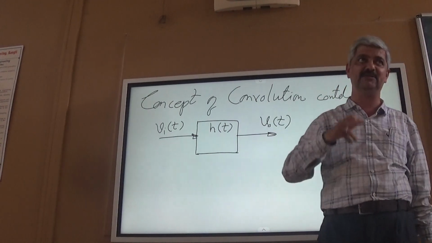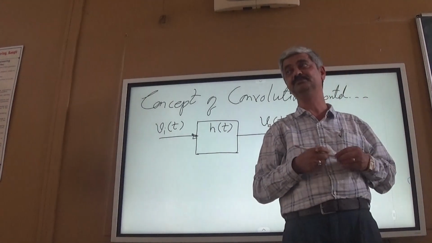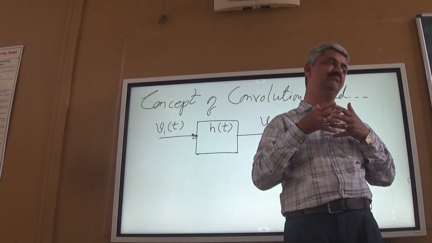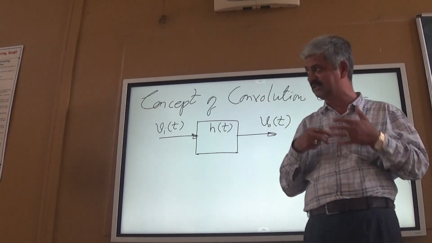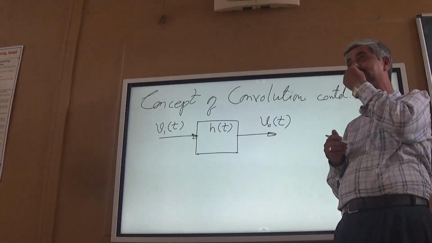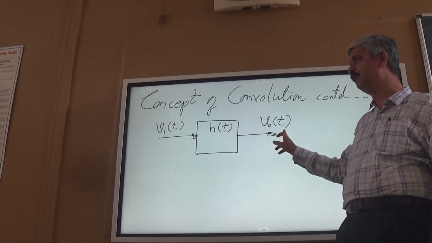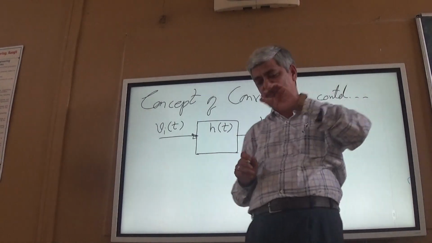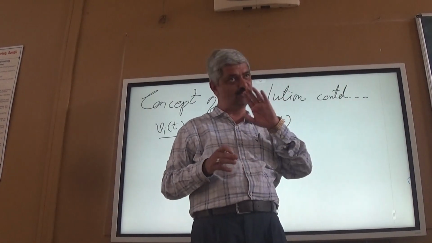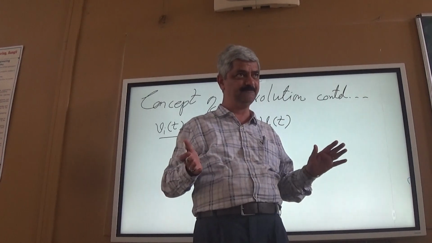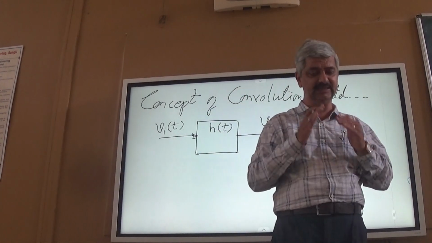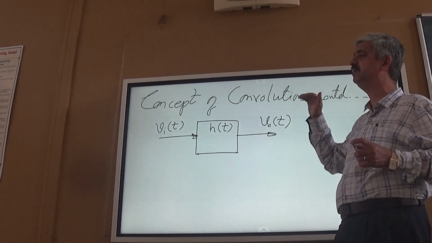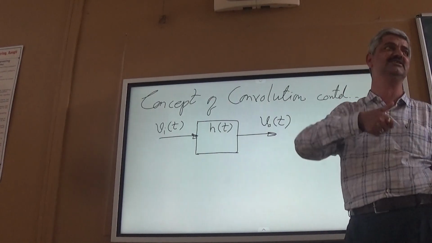I am trying my level best to explain the things to you. The idea is not so easy as one may consider. It's not rocket science even. So we have already ruled out that output cannot depend on instantaneous input. So output is related to input in a specific relationship.